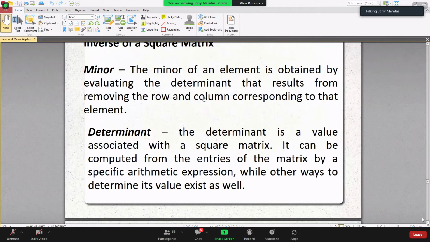So we get the minor by simply evaluating the determinant, provided you remove the row and column that corresponds to that element.